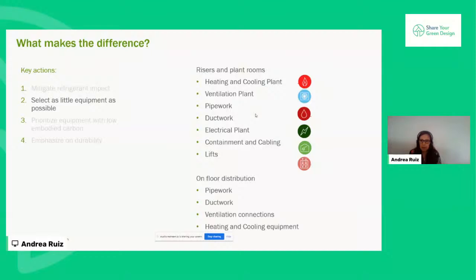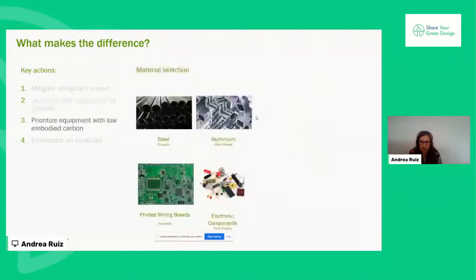So specifying equipment with low embodied carbon through a calculation will really help. Then prioritizing the equipment with low embodied carbon.